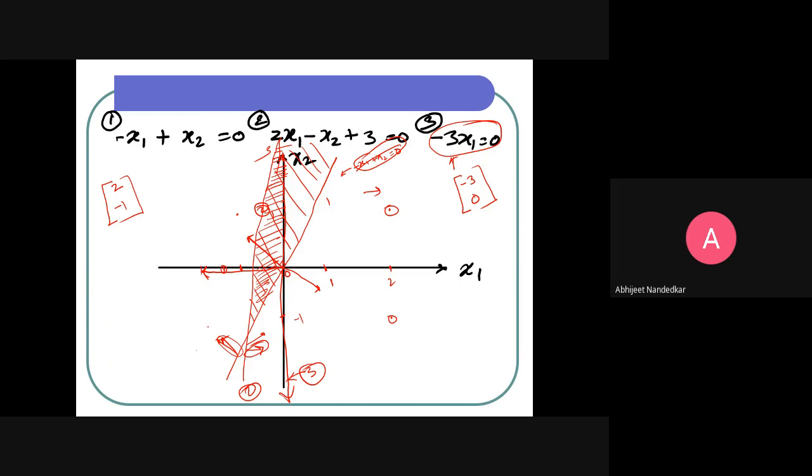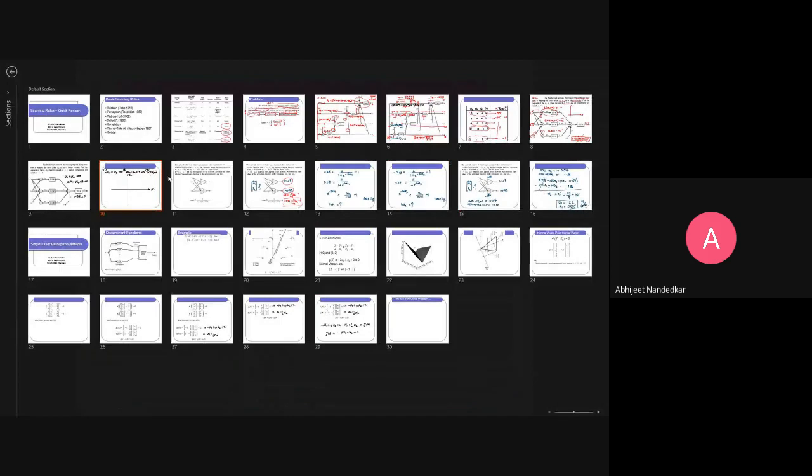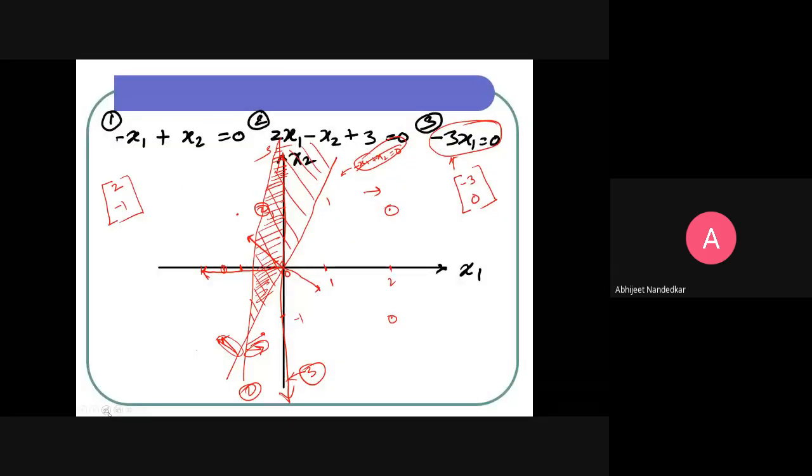Okay, so this is the common region, from here to here. In this region, if you take any point, all 3 neurons will fire.